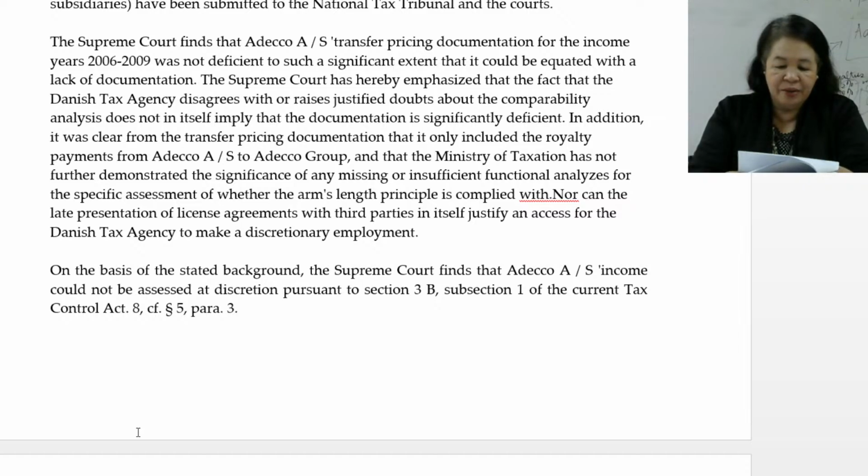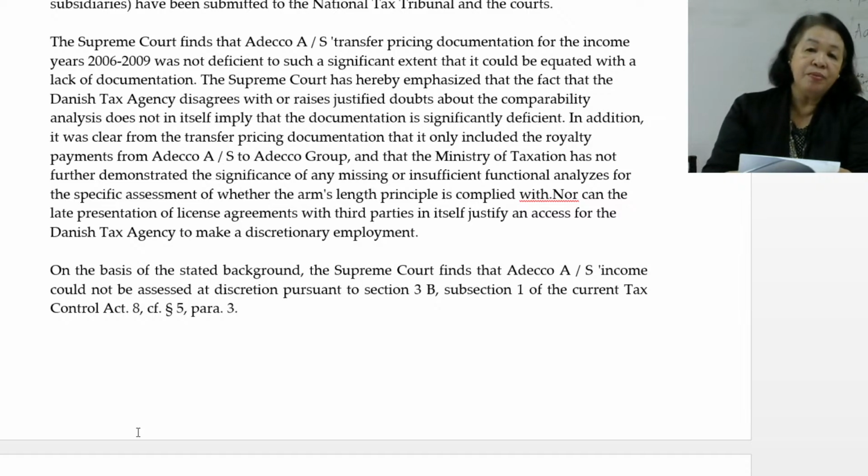The Supreme Court has hereby emphasized that the fact that the Danish tax agency disagrees with or raises justified doubts about the comparability analysis does not in itself imply that the documentation is significantly deficient.